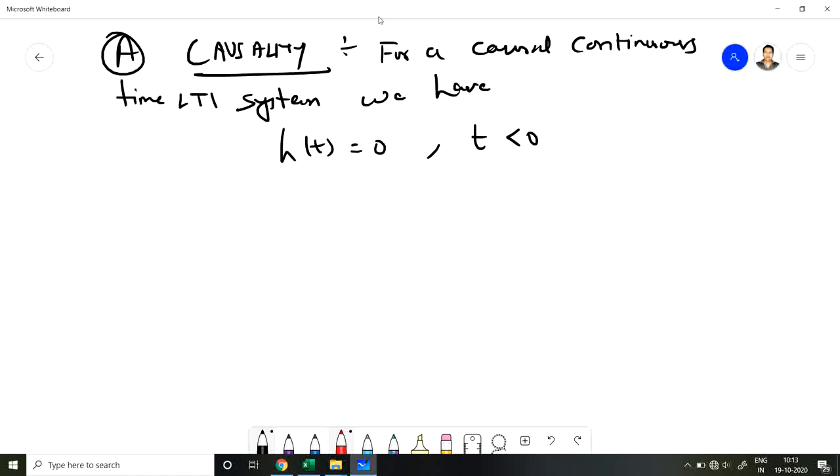Since h(t) is equal to 0 for t less than 0, we are talking about a right sided signal.